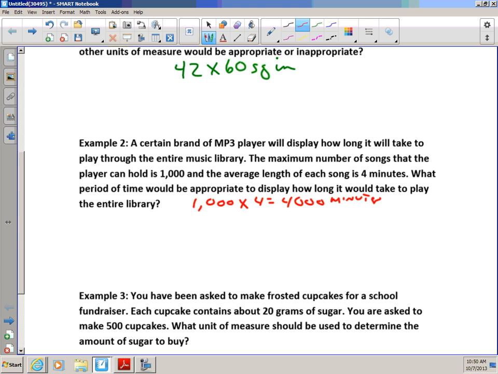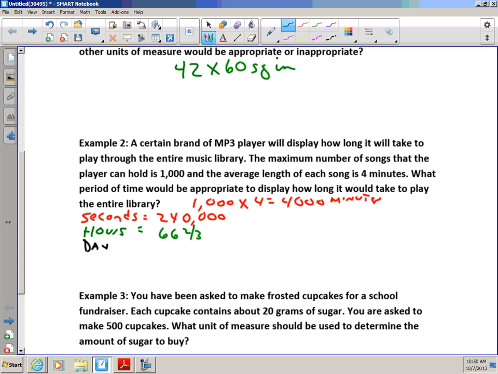Well, that's nice, but let's look at other units of time measure and see which ones are relevant. Seconds, that would be 240,000 seconds. That doesn't really do much for me. If I were to convert it to hours, I can see that that's 66 2/3 hours. That's pretty good, not bad.